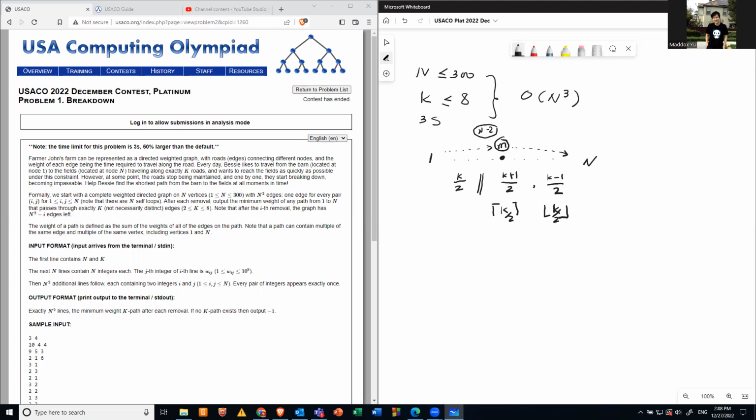Let's assume each of those n minus 2 points could be the potential midpoint. Then I can solve that.